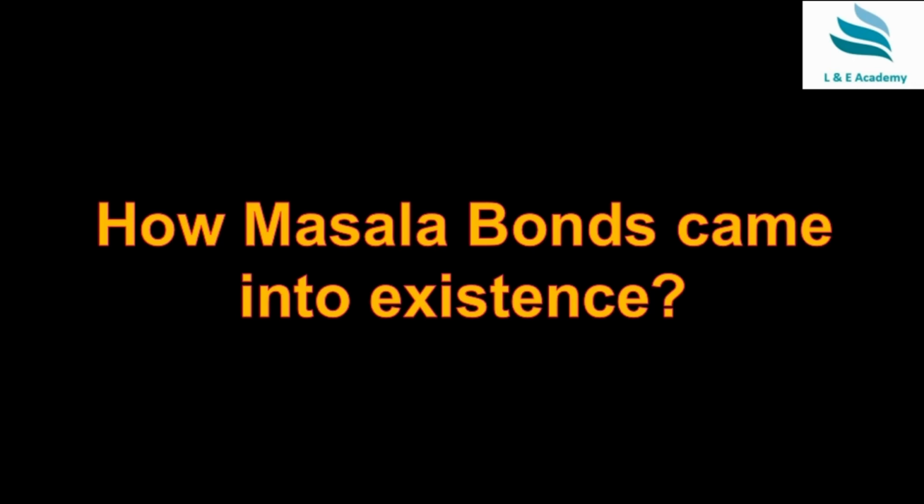Now the record crash of rupee brought heavy dollar demand from oil importers. It brought the UPA government into action. The government, in consultation with International Finance Corporation, decided to launch a rupee denominated bond in international markets.